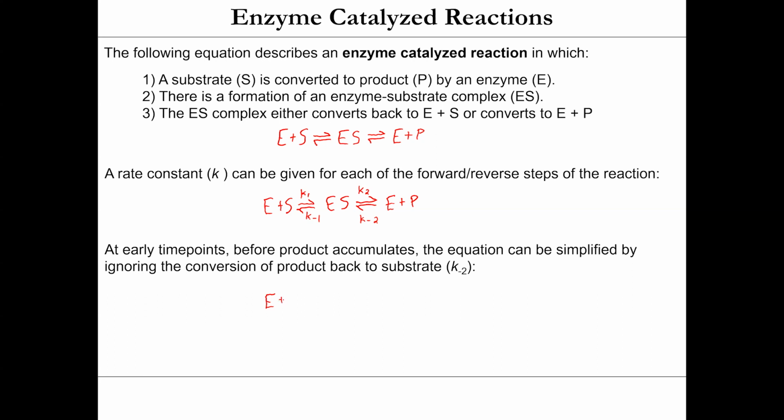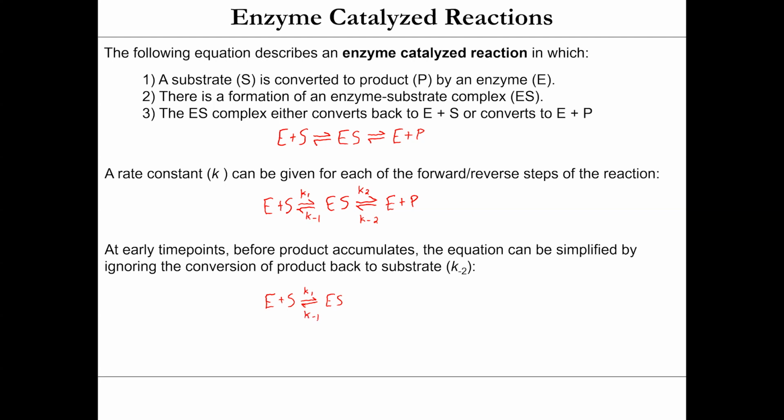So a better way to write this, if we're going to describe enzyme catalyzed reactions, would be enzyme plus substrate is converted reversibly to an enzyme substrate complex. We have K1 is the rate constant for the forward reaction.